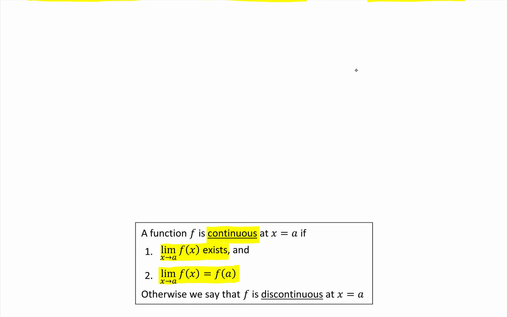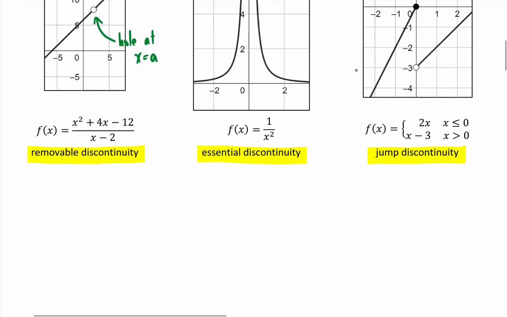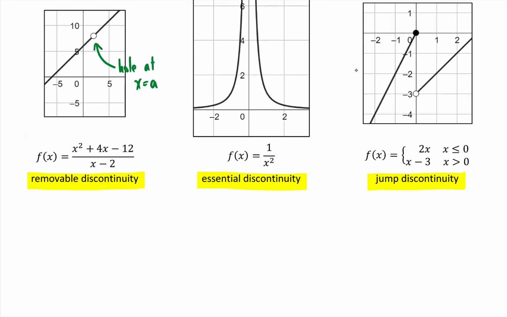And if it fails condition 1 or condition 2, then we say that f is discontinuous at x equals a. Let's go back and look at the previous three examples and decide which condition each fails, the first one or the second one. So let's start with our first example, the case where we have a hole in the graph. Well, clearly we see that the limit exists, so the limit as x approaches a of f of x exists, and it equals some number.